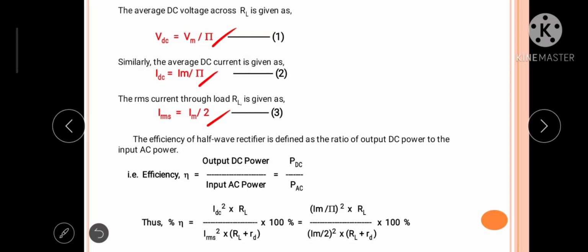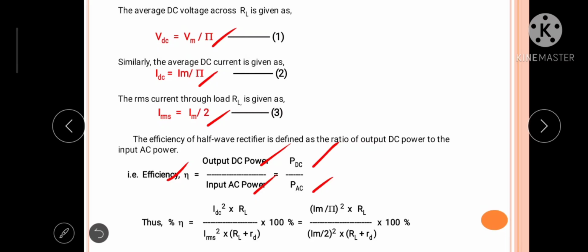Now the efficiency of this half wave rectifier is defined as the ratio of DC power to the input AC power. This efficiency is indicated as eta and is given as the ratio of output DC power to input AC power, that is PDC upon PAC.